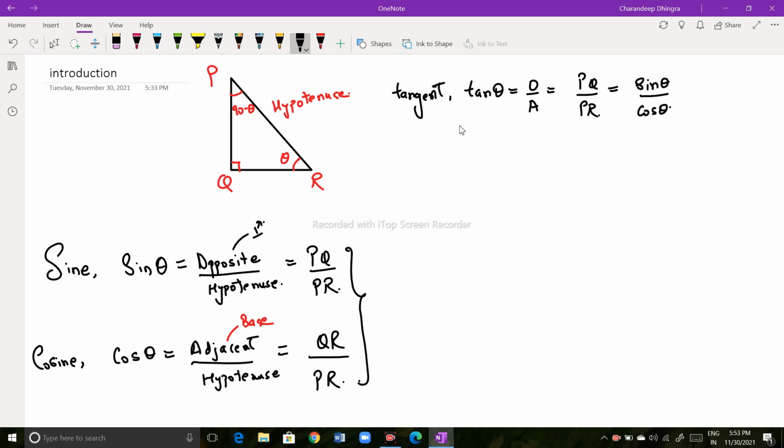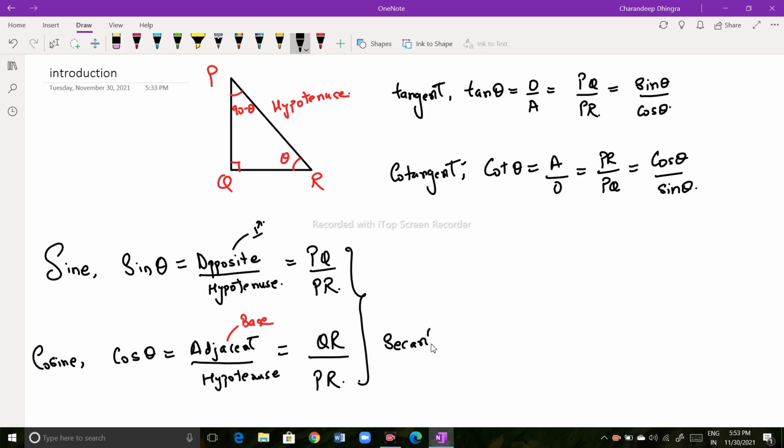Now we'll take the reciprocal of all the three ratios. So the first reciprocal I'll take is cot, which is known as cotangent. So cotangent can be written as cot theta. Cot theta is adjacent upon opposite. So that is QR upon PQ, which is cos theta upon sine theta. The next reciprocal I'll take is for cos. So the reciprocal of cos is secant, and I'll write this as sec theta.